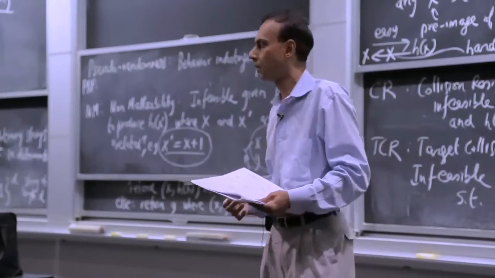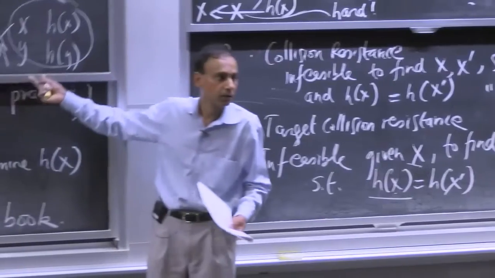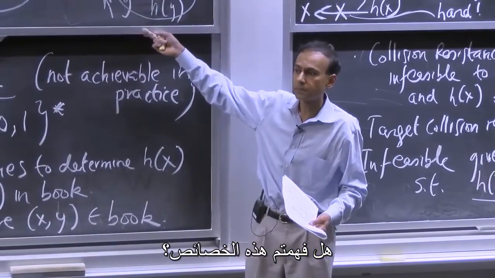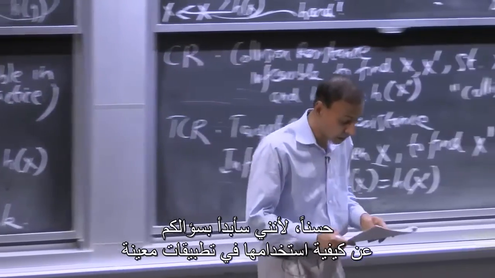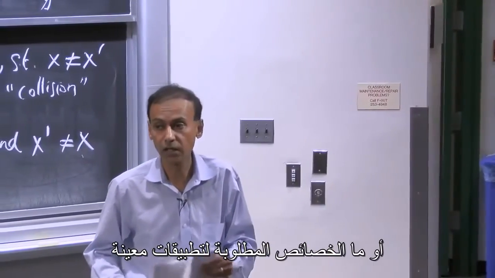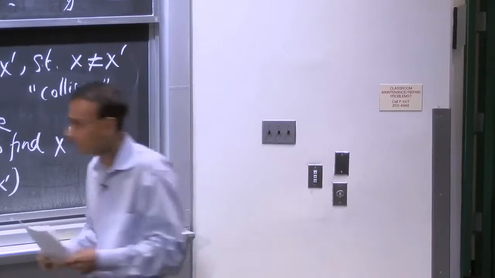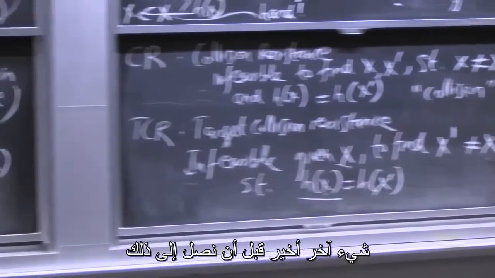All right? Cool. So any questions about properties? Are we all good on these properties? All right, because I'm going to start asking you how to use them for particular applications, or what properties are required for certain applications. Okay? One last thing before we get there.